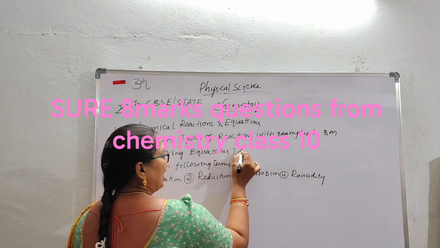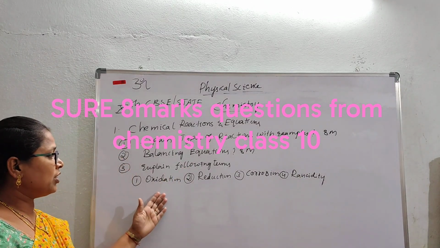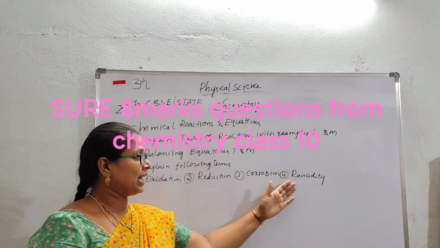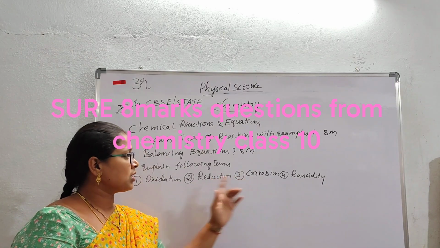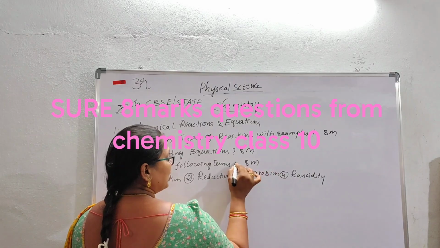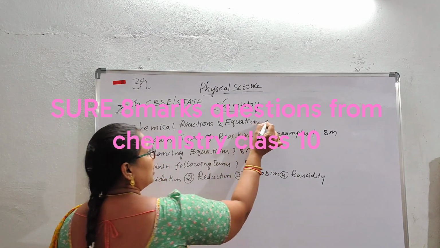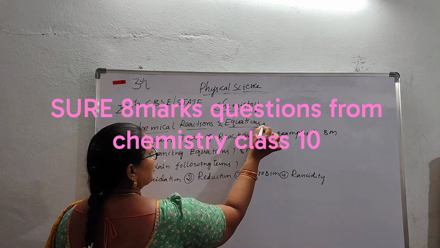Third, explain the following terms: oxidation, reduction, corrosion, rancidity. Definition with one example, each carries 2 marks, 4 terms making 8 marks. So these are the 3 8-mark questions from chemical reactions and equations.